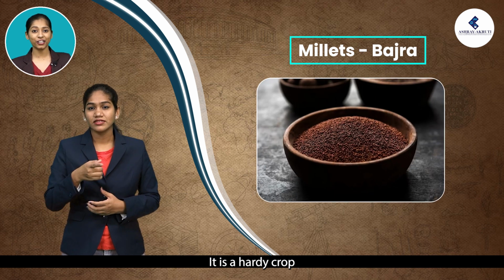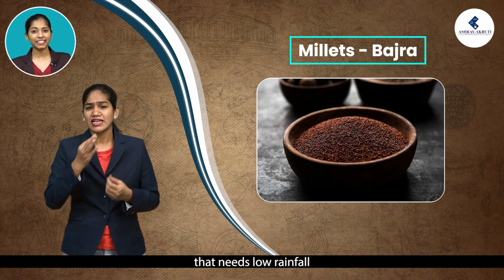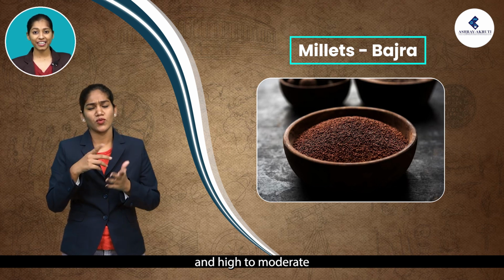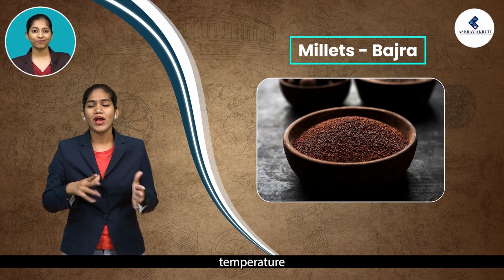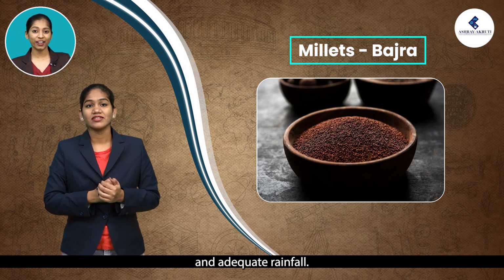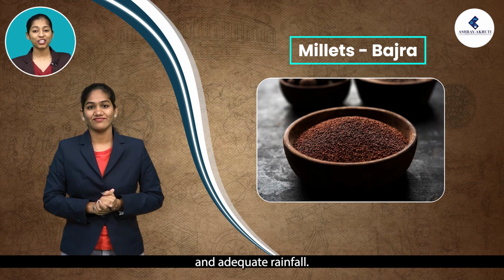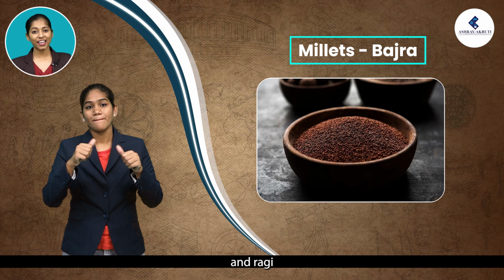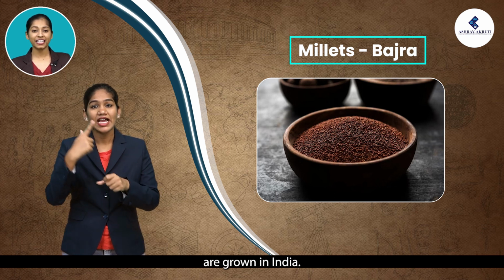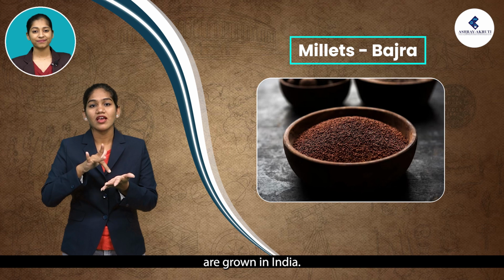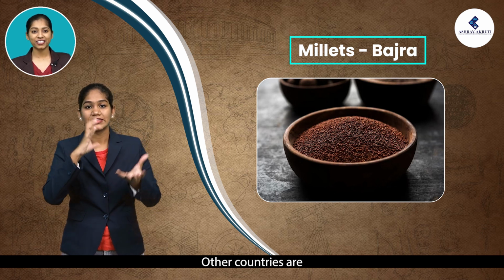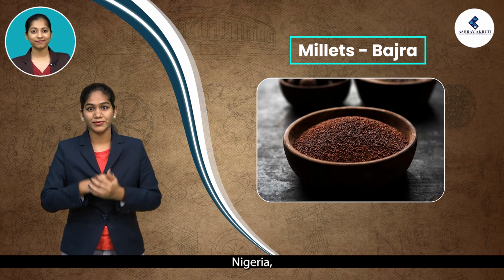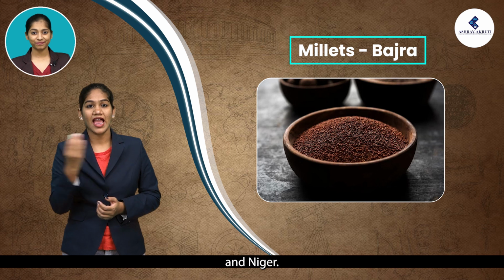It is a hardy crop that needs low rainfall and high to moderate temperature and adequate rainfall. Jowar, bajra and ragi are grown in India. Other countries are Nigeria, China and Niger.